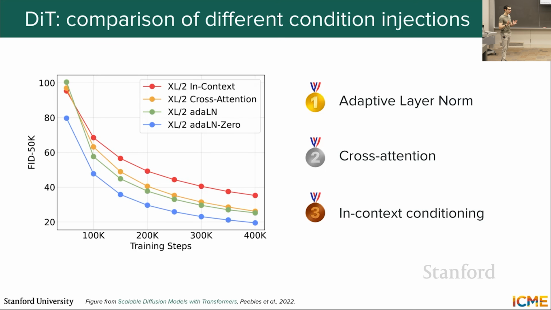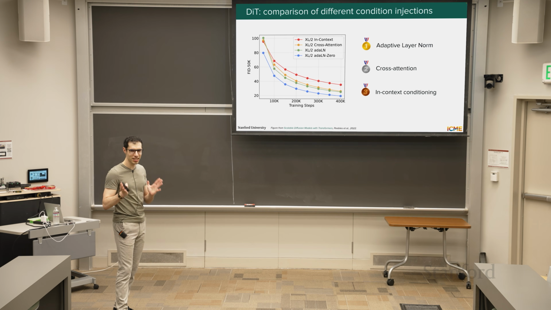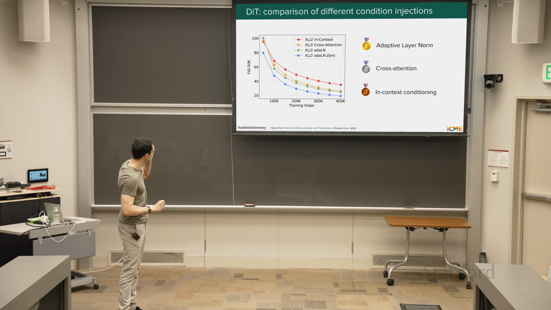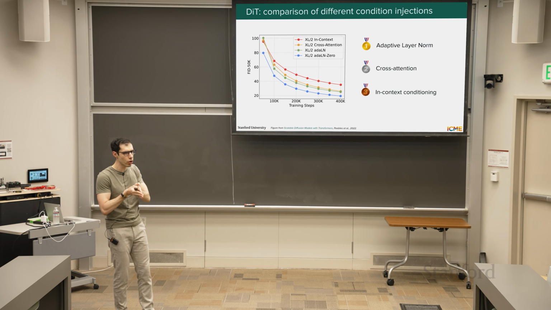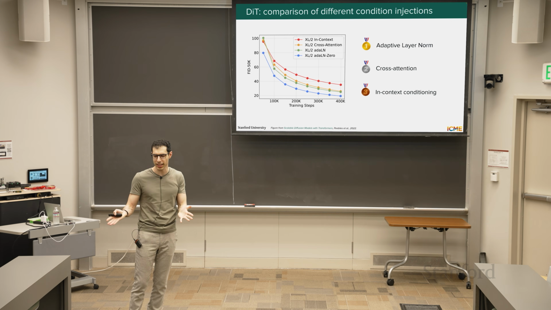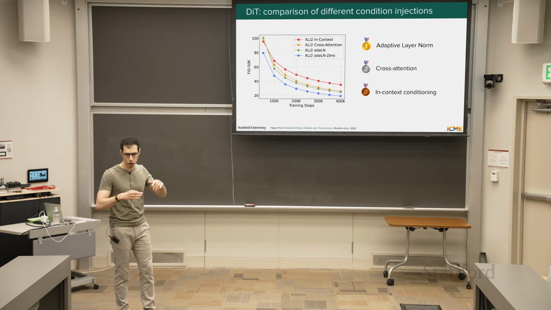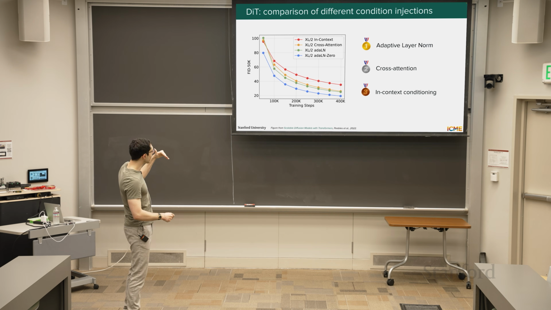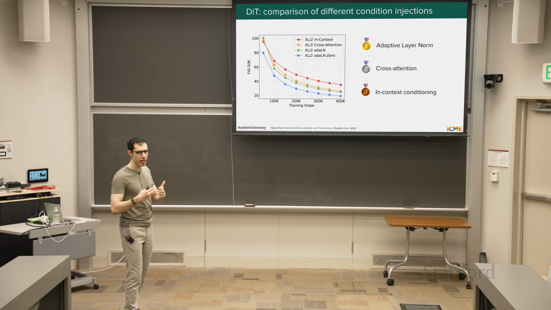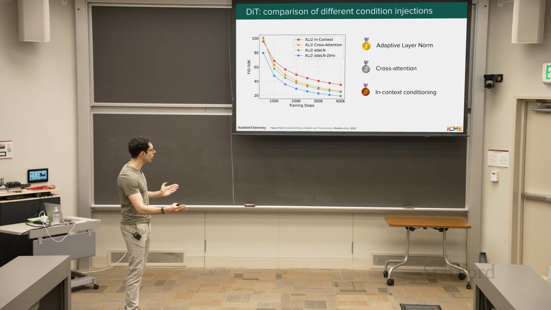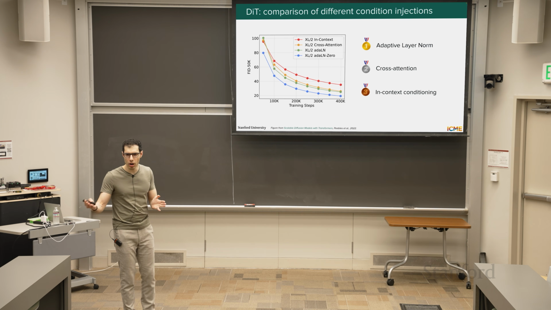There is a metric called the Fréchet inception distance, the FID, which is the one represented here, where the lower the metric, the better. What you see here is that when you use adaptive layer norm, you get the bottom curve, which gives better image quality compared to the other ones as a function of how far you are in the training process.